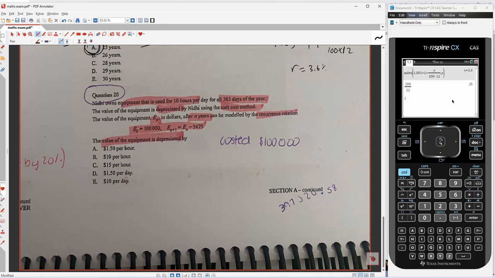Okay, this one here, Needy owns equipment that's been used for 10 hours per day for 365 days of the year. The value of the equipment is depreciated by Needy using the unit cost method. So that is deduction per use.